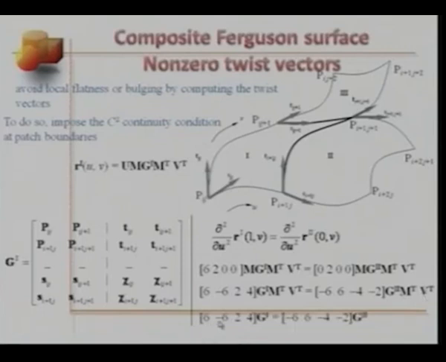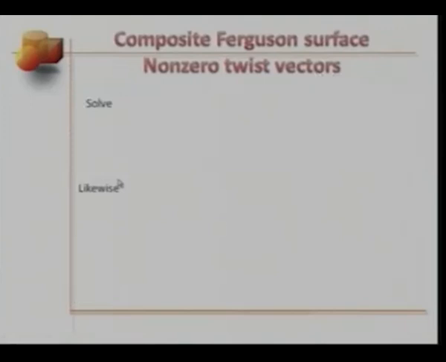To get 6, minus 6, 4, 2 times G super 1 for this matrix equals minus 6, 6, minus 4, minus 2 times G super 2, the geometric matrix for this patch. Now solve this previous expression. Let me repeat: 6, minus 6, 4, 2 times G super 1 equals minus 6, 6, minus 4, minus 2 times G super 2.